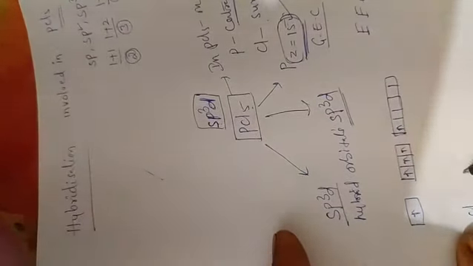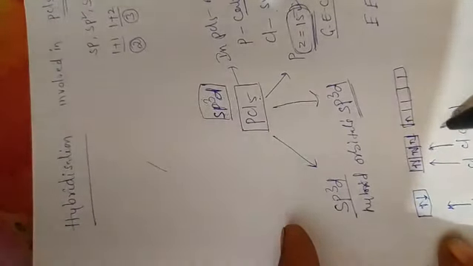And we have chlorine atoms: 1, 2, 3, 4, 5 chlorine atoms. Each chlorine contributes 1 electron, so it enters the subshell, and this one also, and this one.